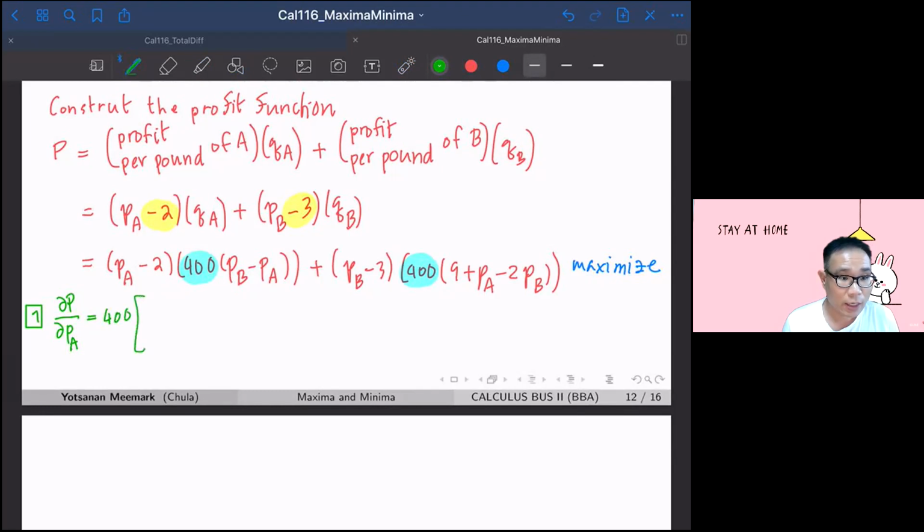Okay, so I'm gonna have the first, PA minus 2, times the derivative of the second, which is minus 1, plus the second, PB minus PA, times the derivative of the first, which is 1. So this is the derivative of the first term. For the second term, you don't need to use the product rule: it's PB minus 3, and you differentiate the function here, which gives you 1.